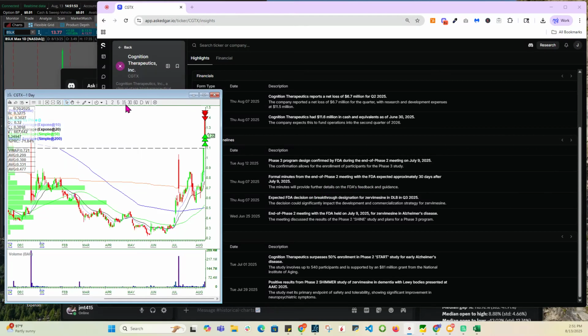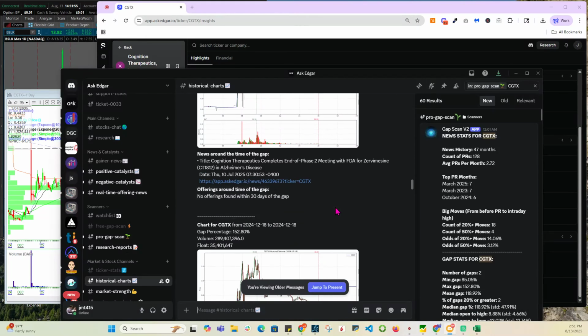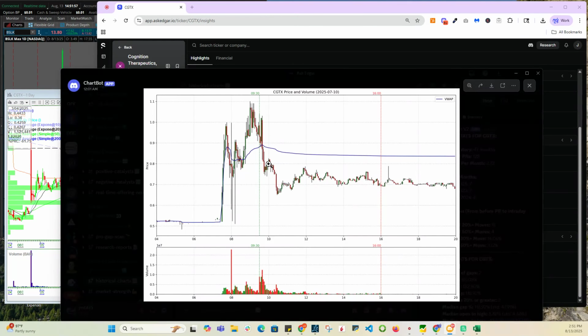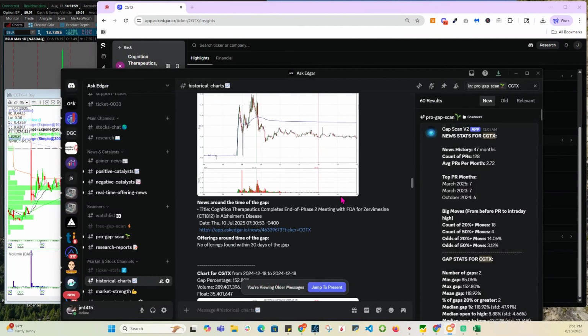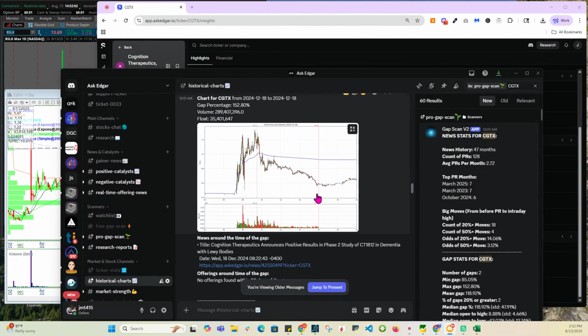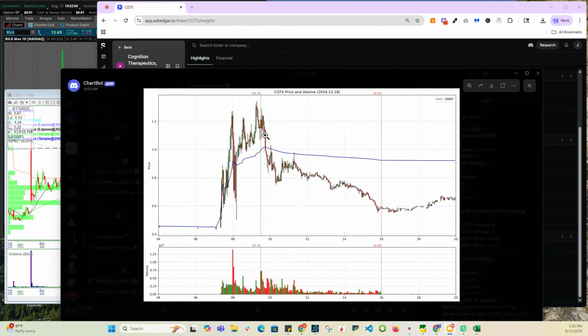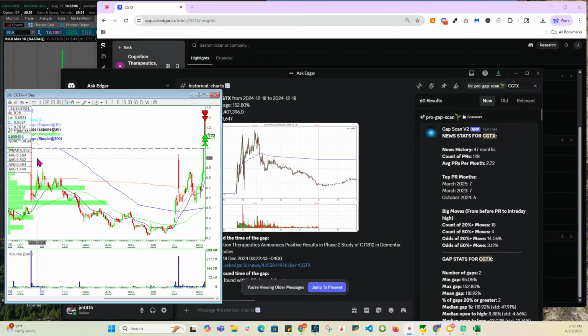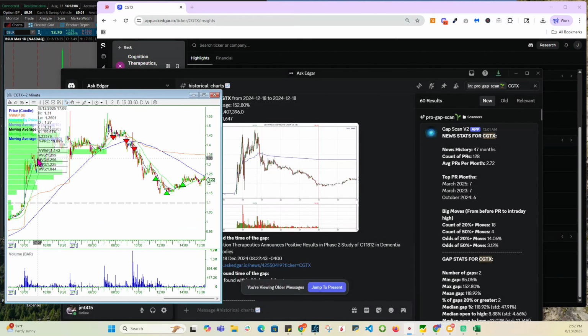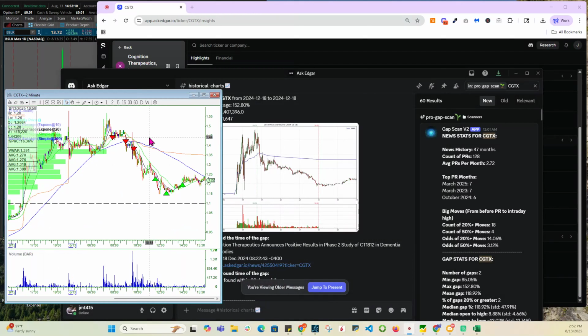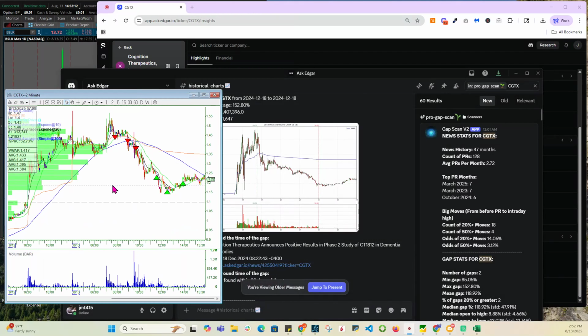So this was actually expected news. But as you can see how it turned out, it didn't put up much of a fight and faded pretty easily. And then this one in December, same kind of thing, didn't really put up much of a fight. And here it pretty much did the same thing, just faded off. And then the ATM probably helped out as well.